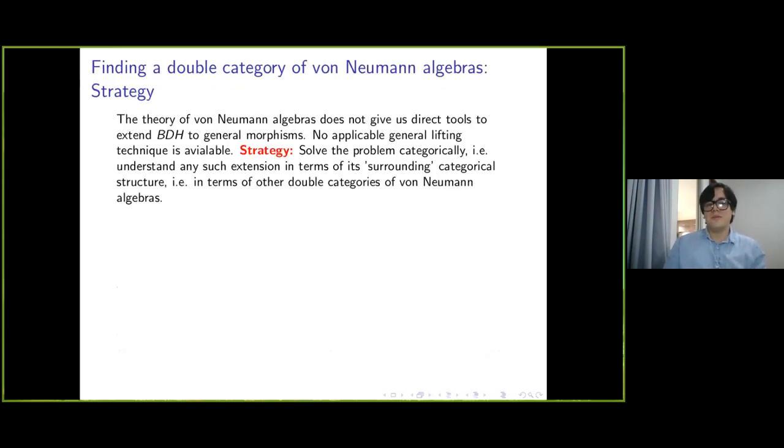So the strategy that I propose is the following. This theory of von Neumann algebras does not give us direct tools to extend this smaller double category. There are some lifting techniques, especially in Shulman's paper, but he assumes very strong conditions.